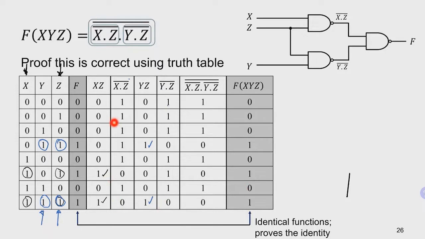So we go through our NAND gate. Sorry, here we are looking at these 2 columns. So 1, 1 NANDed gives you a 1.